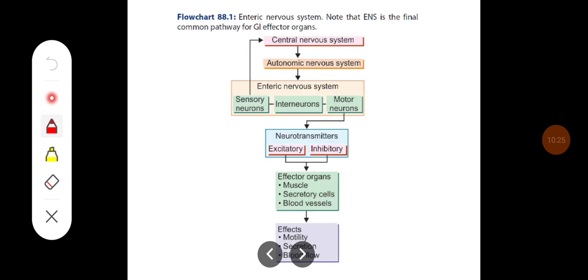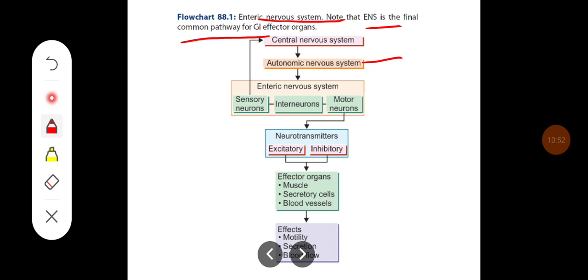So this is how the enteric nervous system works, and the enteric nervous system is the final common pathway for GI effector organs. Okay, so central nervous system is going to affect the autonomic nervous system, which indirectly affects the enteric nervous system through the interneurons or motor neurons.